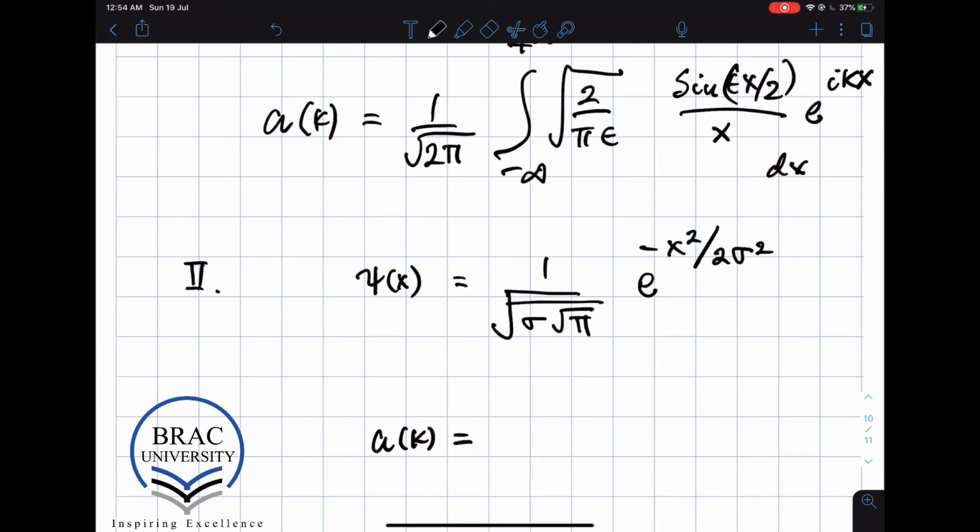To show that, you need to do the Fourier integral, and there is a crucial step there, an integral, and I will be showing you what the crucial integral is in the next video. So the Fourier transform of the Gaussian is another Gaussian, but this Gaussian has a different normalization, and its spread is also different.